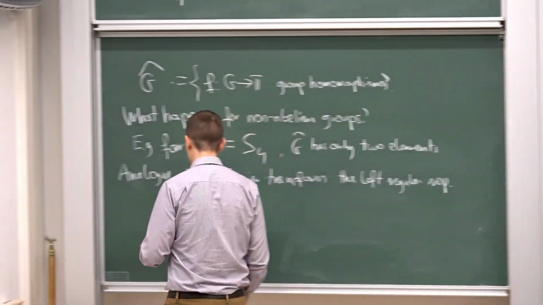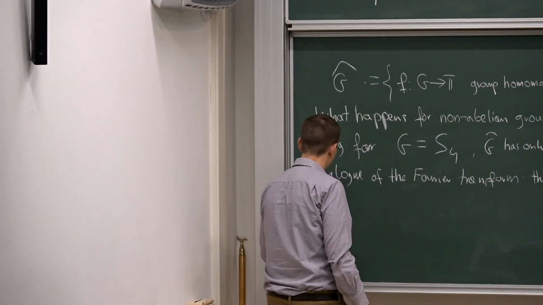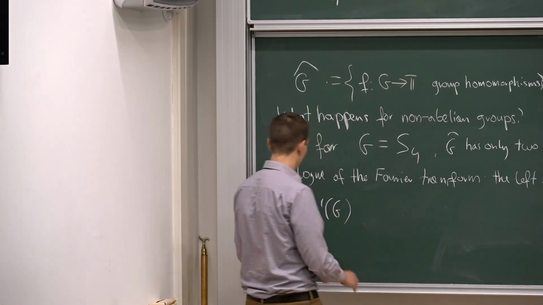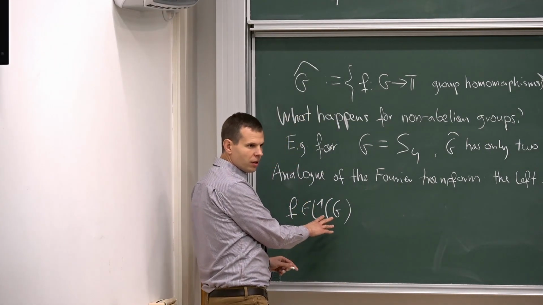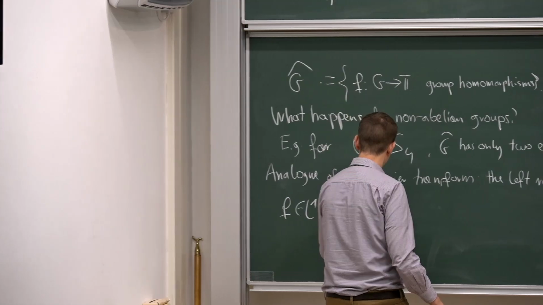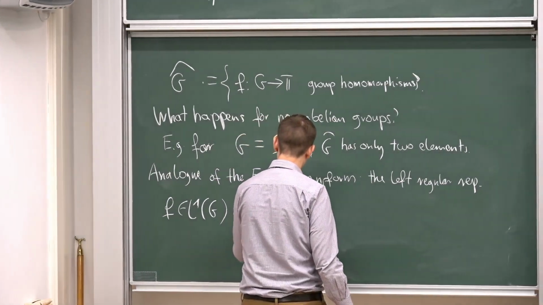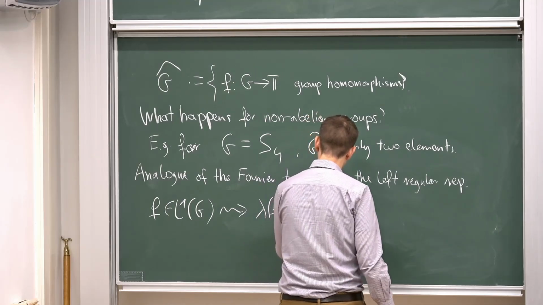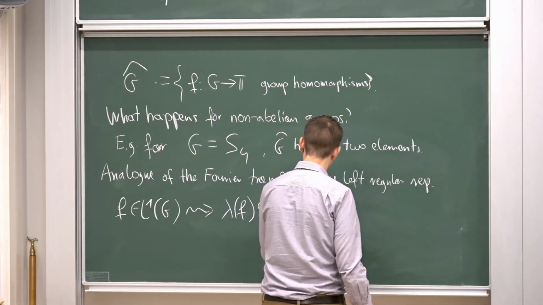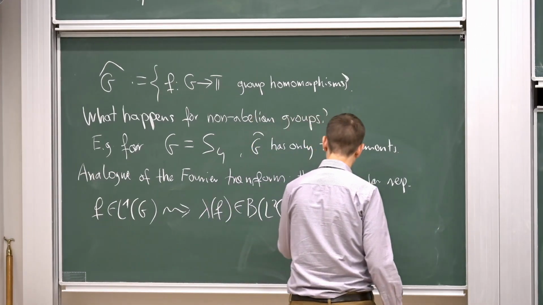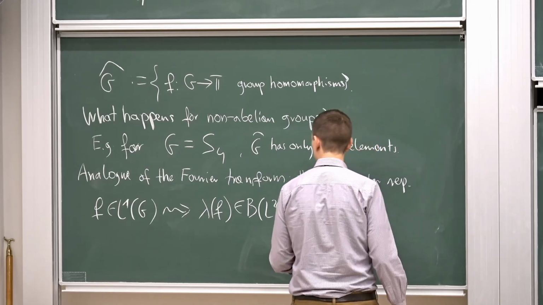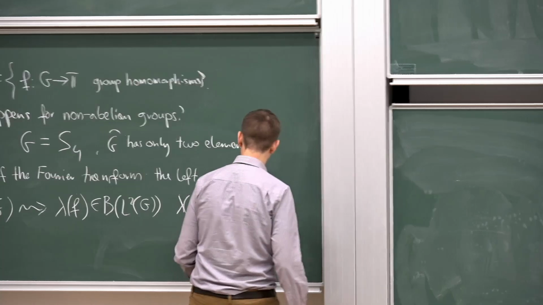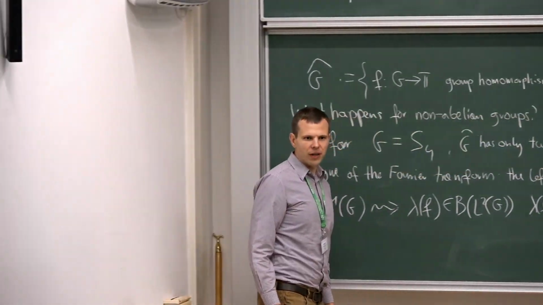So what's the left regular representation? You start from an integrable function f on your group, and from this you form an operator, lambda f, and this will be an operator on L2 of your group. And how does it act? So lambda f on some other function h, you just convolve h with f from the left.